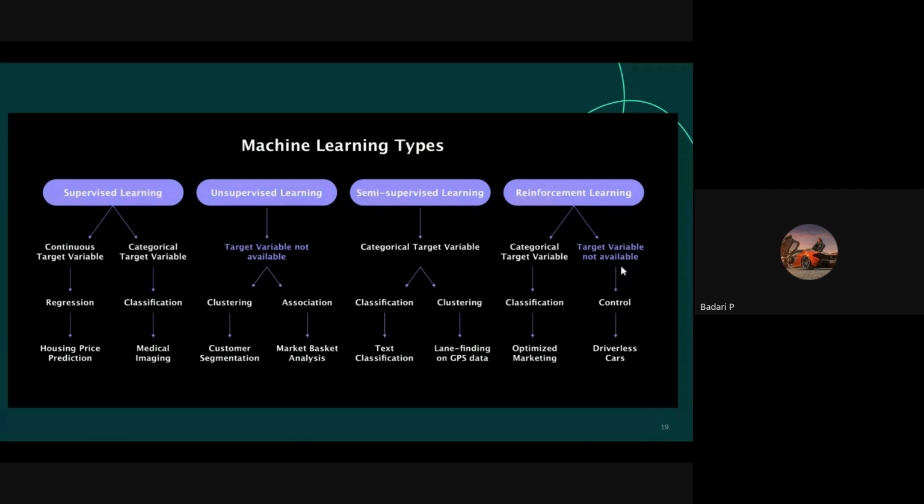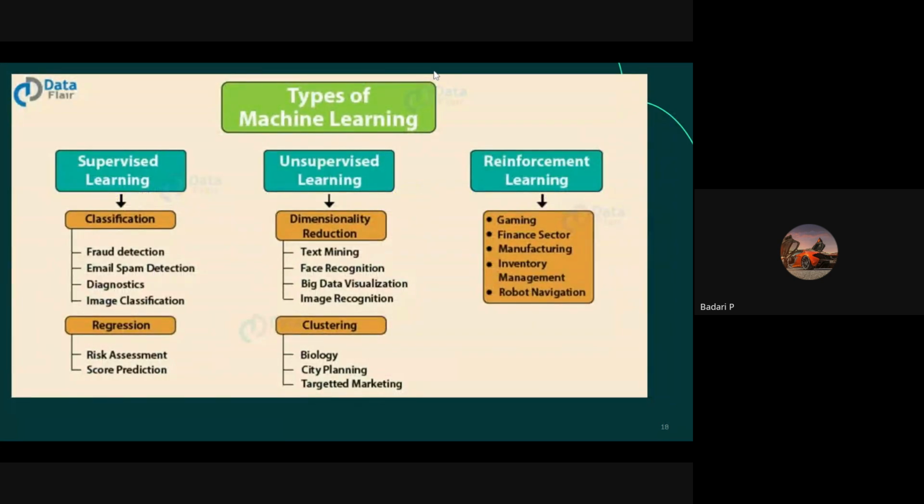In control we will use driverless cars, and here classification is optimized. Here you'll get an idea. Reinforcement learning is used in gaming, the finance sector, manufacturing, inventory management and robot navigation.